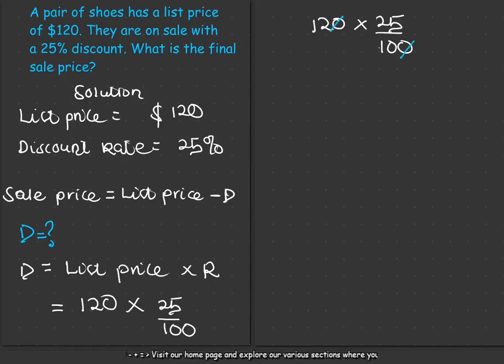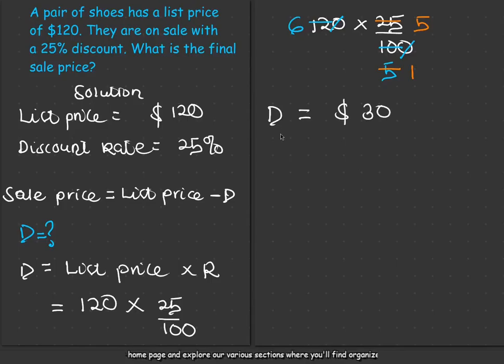Then 2 into 10, 5 times, and 2 into 12, 6. You once again have 5 dividing 5, once. Then into 25, 5 times. So we are now left with 6 times 5, which gives us 30. So our discount is actually $30.